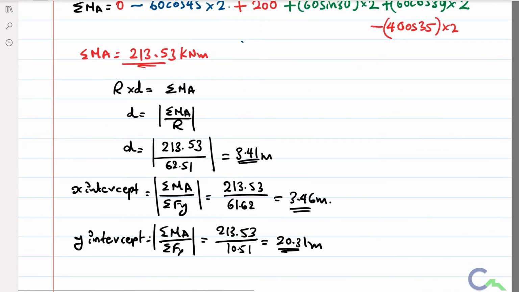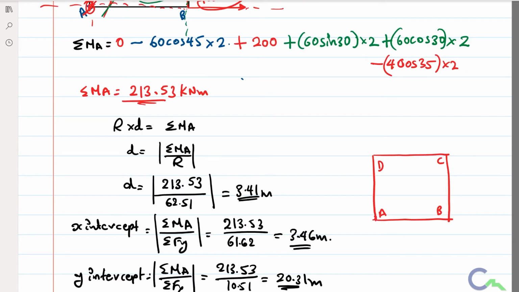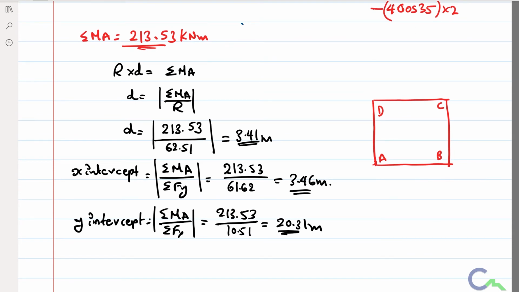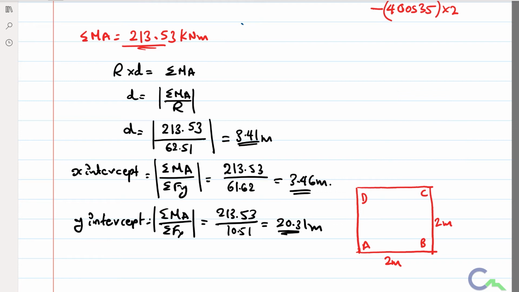For that, I will take this figure. So we want a clockwise moment. So the X value we got is 3.46. This is just 2 meter. So I will take 3.41 somewhere here in the X direction.